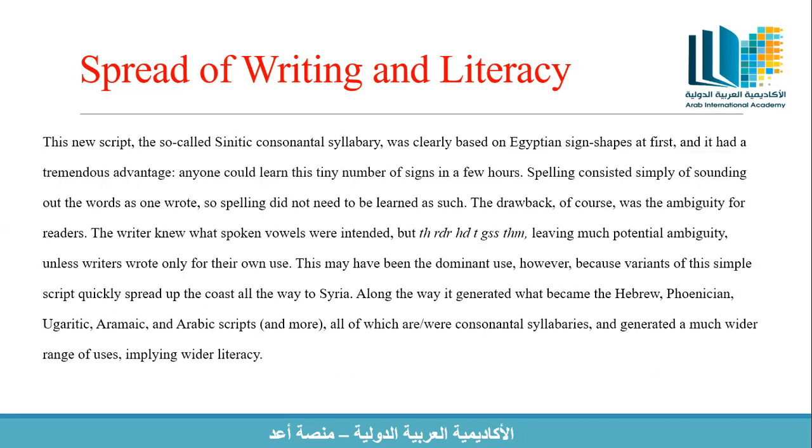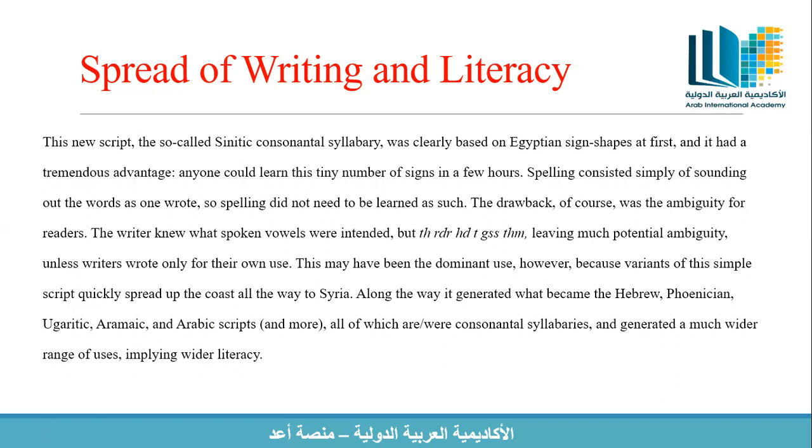This new script, the so-called Semitic consonantal syllabary, was clearly based on Egyptian sign shapes at first, and it had a tremendous advantage. Anyone could learn this tiny number of signs in a few hours. Spelling consisted simply of sounding out the words as one wrote, so spelling did not need to be learned as such.